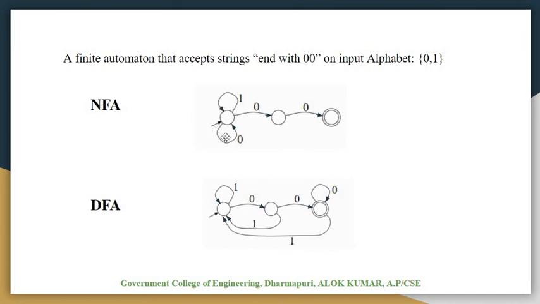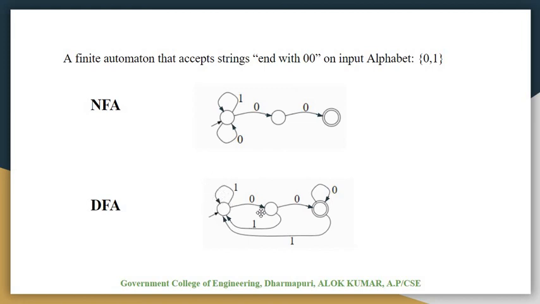It can start with either 0 or 1, so either 1 or 0, and then this one is double 0. This is the NFA for all strings ending with double zero. And if you want to make the DFA of this, this is the DFA.